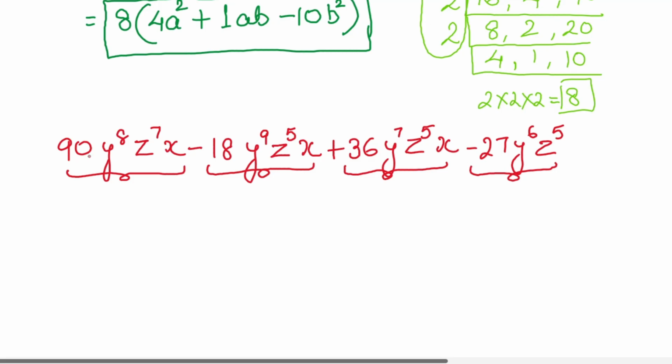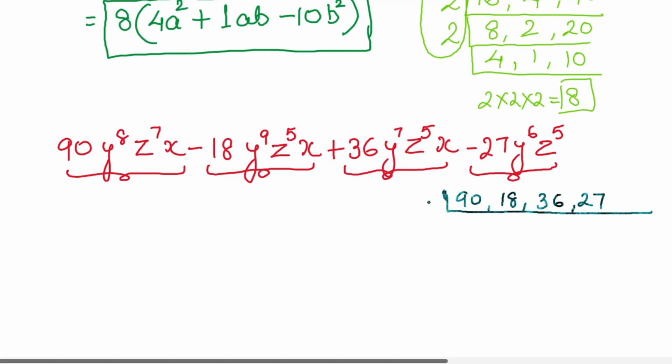So let us do the same process we've done before to figure out our greatest common factor. So the 4 numbers given are 90, 18, 36 and 27. So what is the number which divides all of them?